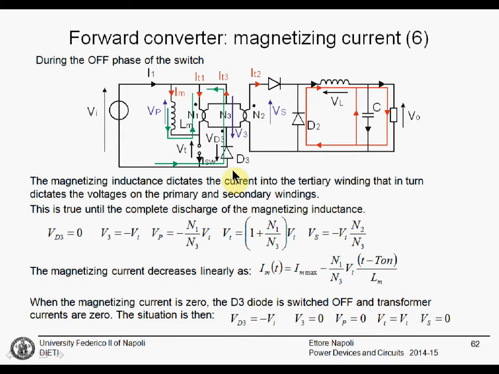This is not possible. This means that when the magnetizing current reaches 0, IT3 is 0, IT2 is 0, and also IT1 is 0. All the currents in the main transformer are 0. The transformer is completely discharged, you can say.